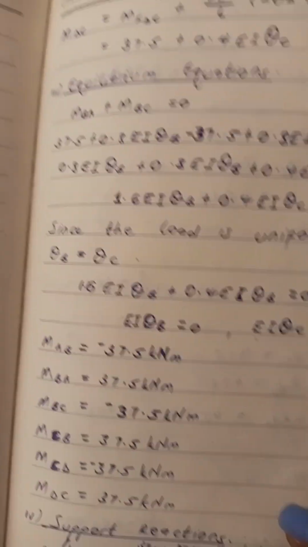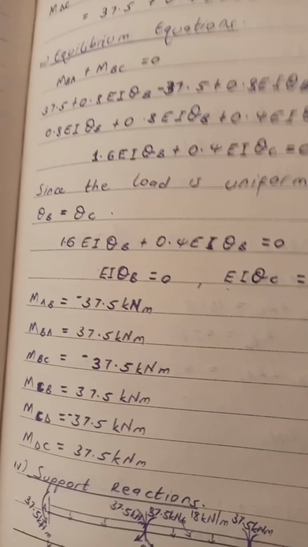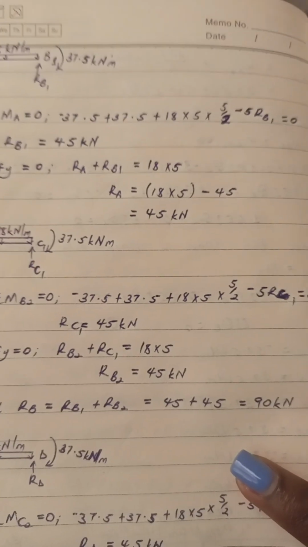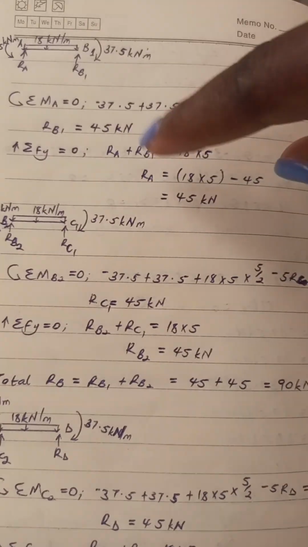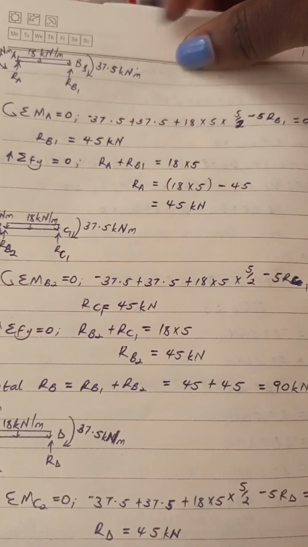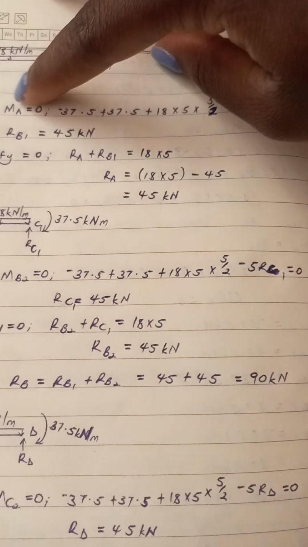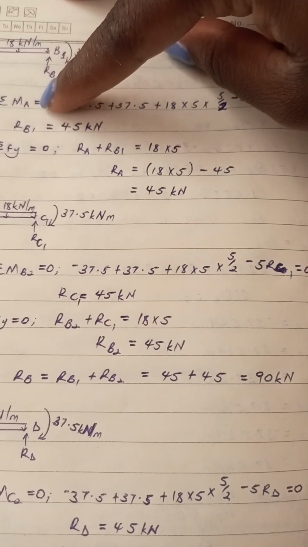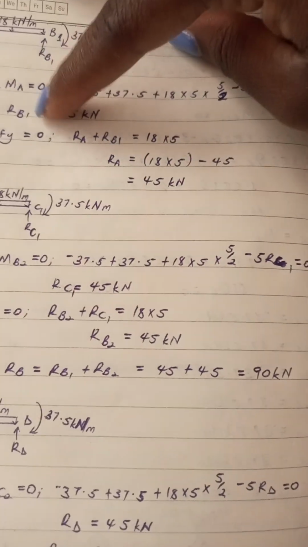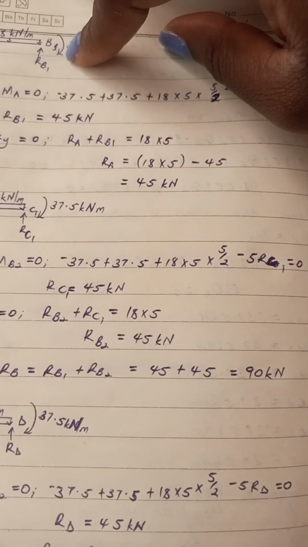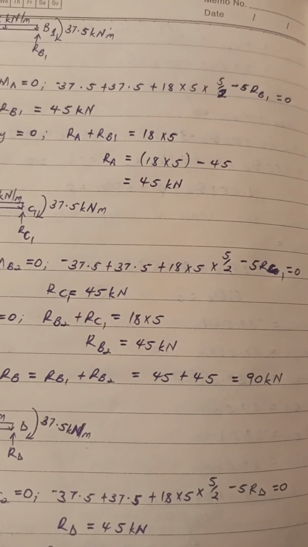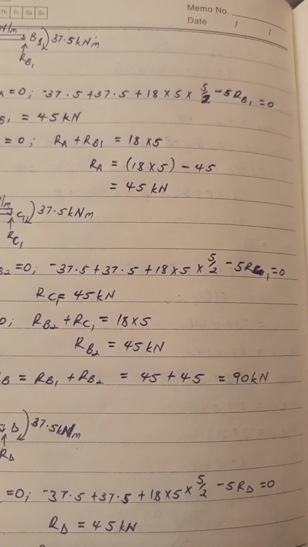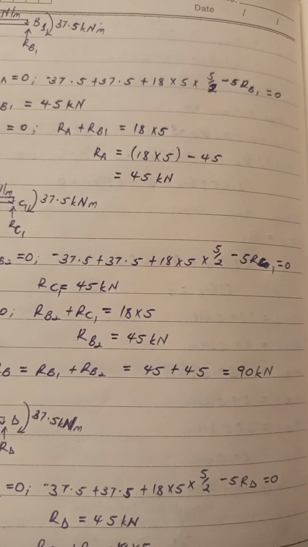But then after you found those values, you're going to have to calculate the support reactions. When you calculate the support reactions, I first did it with the first span, which is AB, by taking the moments about A in the anti-clockwise direction. I found RB1. Remember, I'm using sectioning, because you can use inspection, but I think it depends on how good you are with it.